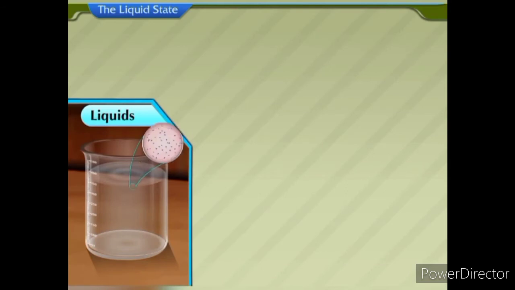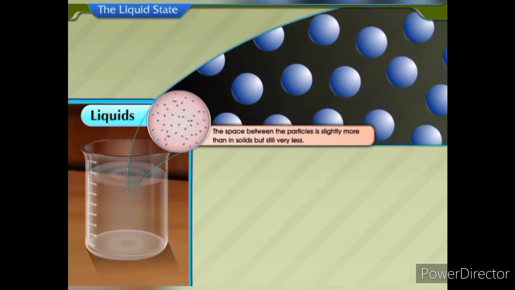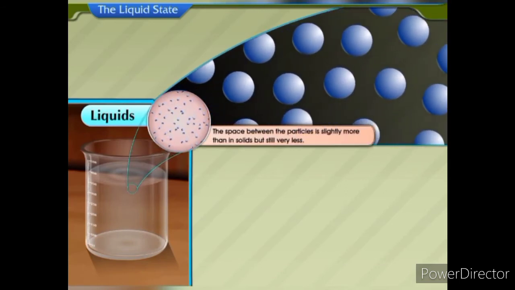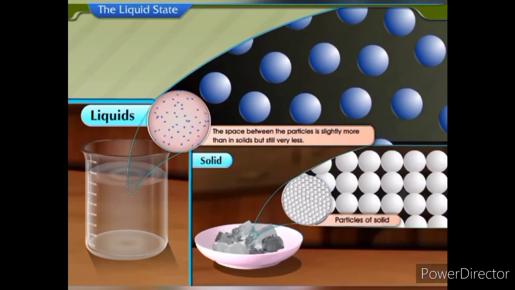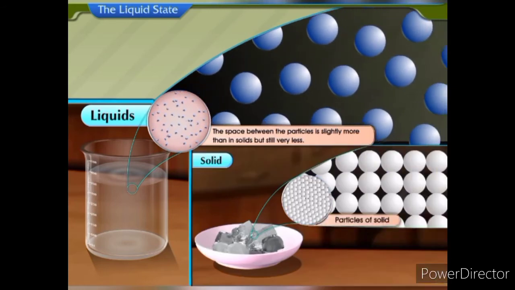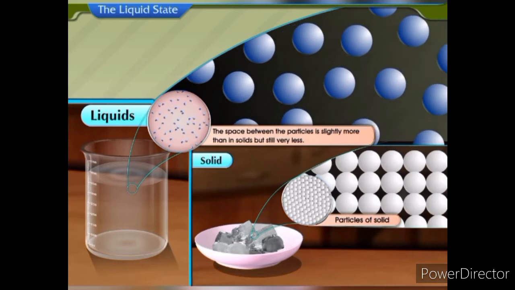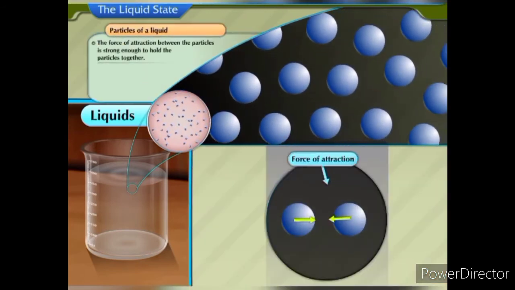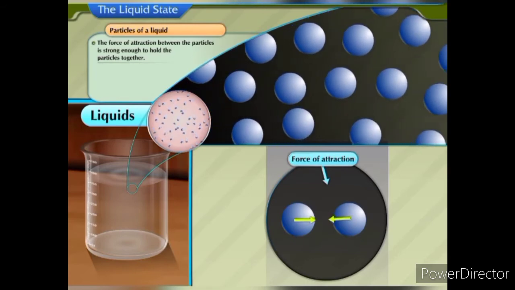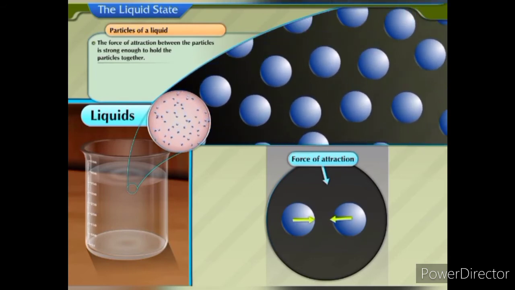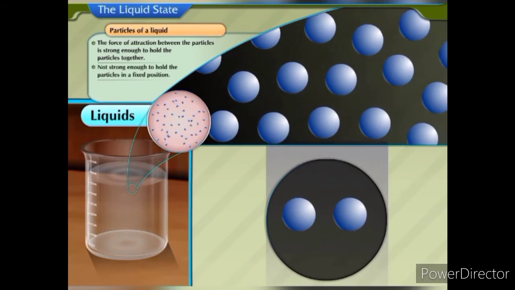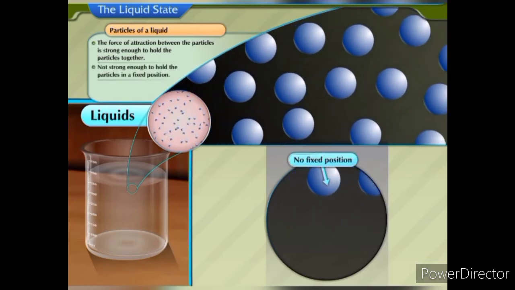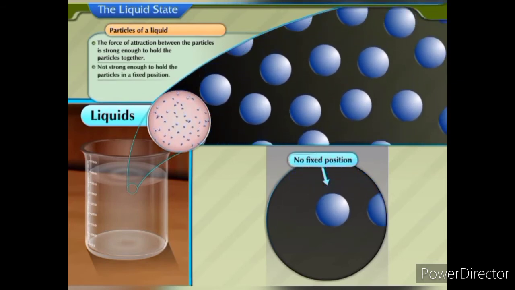In liquids, the space between the particles is slightly more than in solids, but still very less. The force of attraction between the particles is strong enough to hold the particles together, but not strong enough to hold the particles in a fixed position.